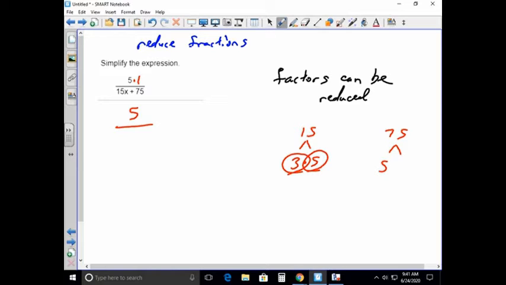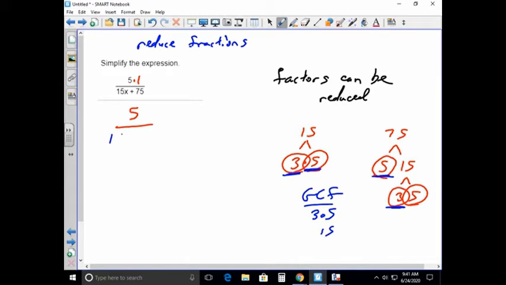What's that? 15 times. 15 is 3 times 5. So if we're looking for the biggest common factor, what do they have in common? They both have a 3, and they both have at least one 5. So our greatest common factor is 3 times 5, which is 15.